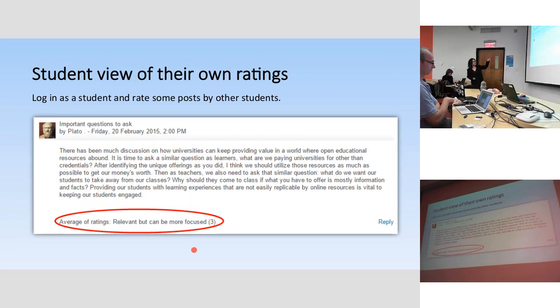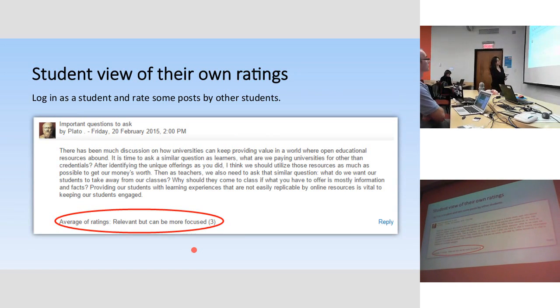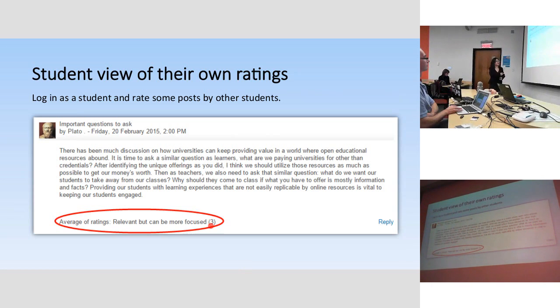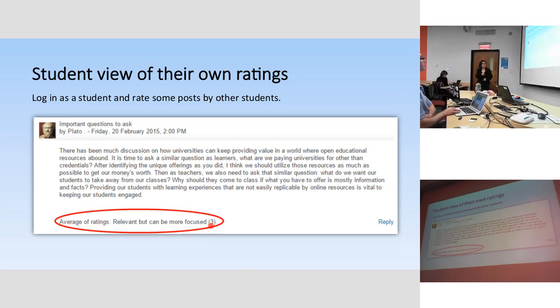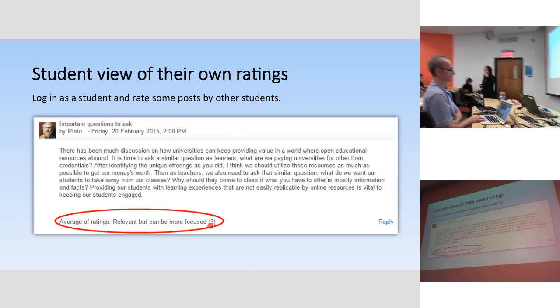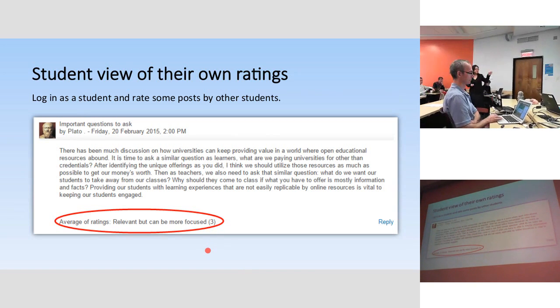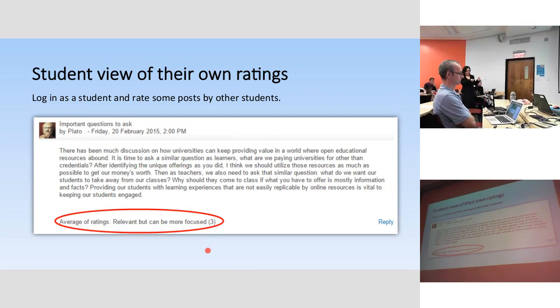And as Plato, you see your own score. You don't have a drop-down for yourself, right? But you see the number here? I got 3 ratings, and my average is relevant, but can be more focused. They give a score 1, 2, 3, 4, 5 on the scale, and then give you an average.